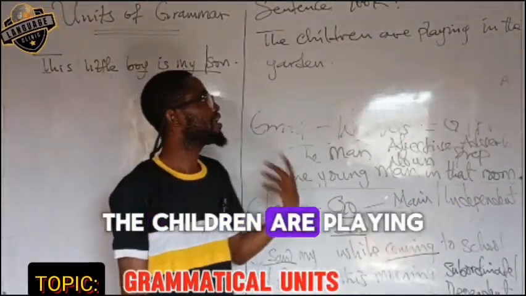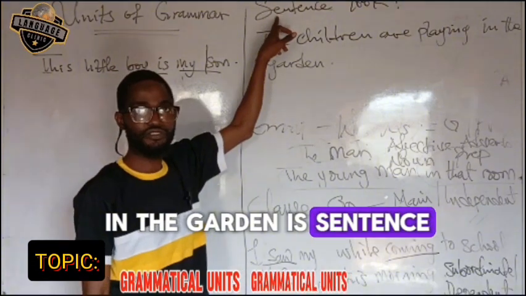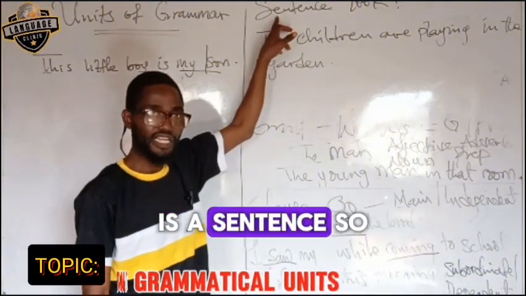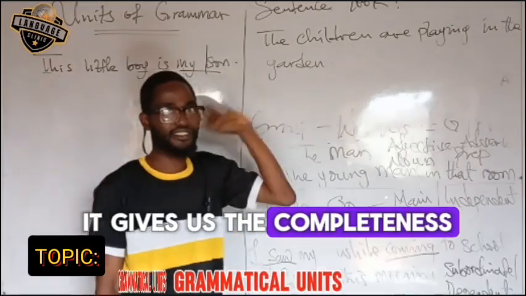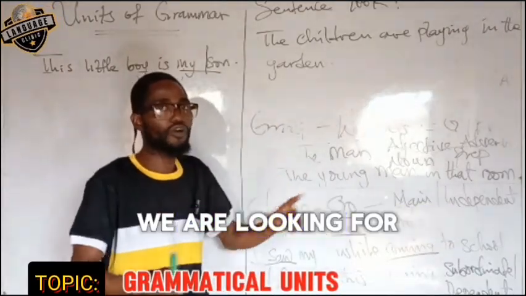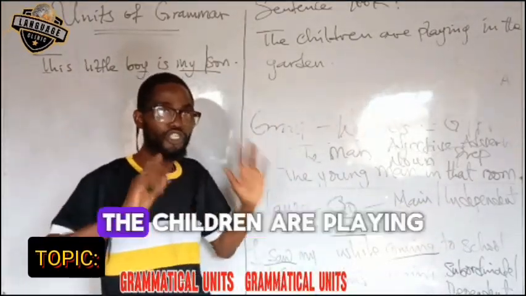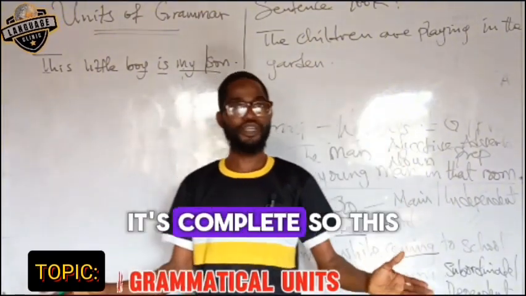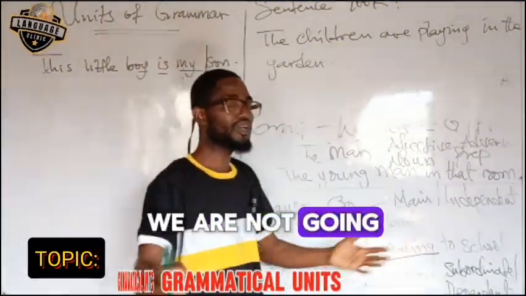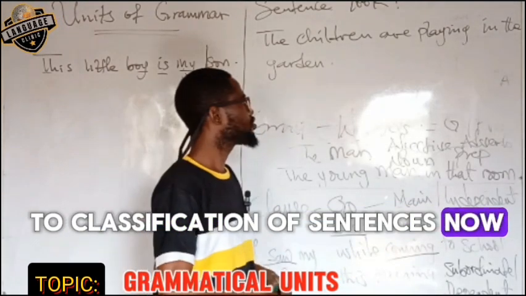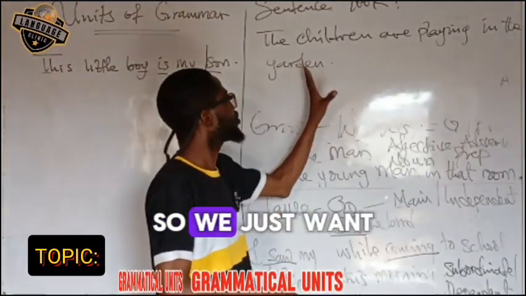The children are playing in the garden is a sentence. It gives us completeness, so there is nothing we are looking for again. It is complete. This is a good example of a sentence. We are not going into classification of sentences now, so on types and others. We just want to limit it here.